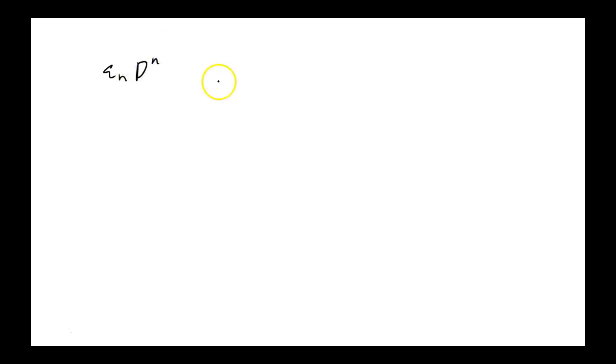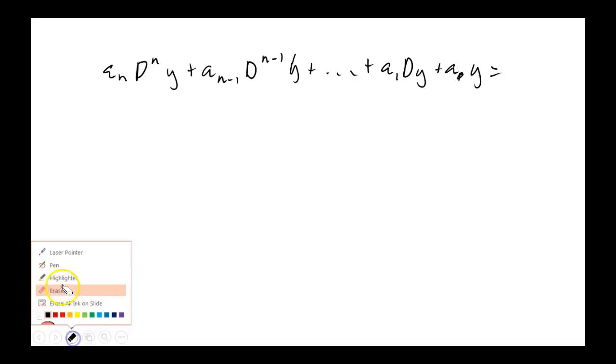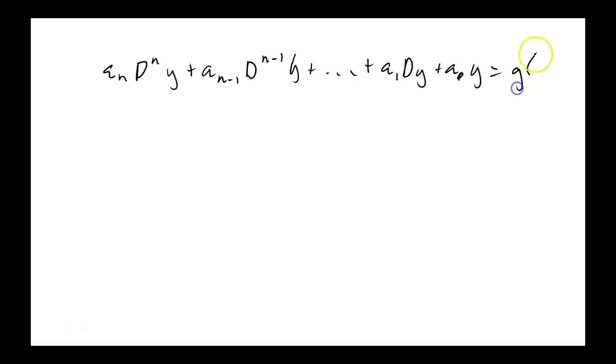D to the n of y plus a sub n minus 1, D to the n minus 1 of y, plus, plus a sub 1 D of y plus a sub 0 y is equal to a particular function, g of x.